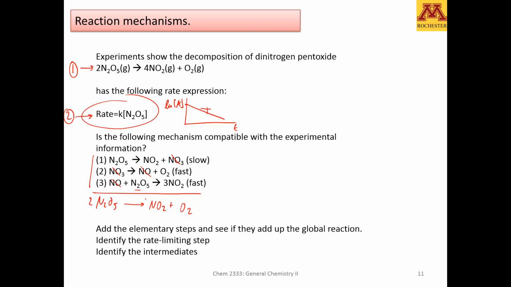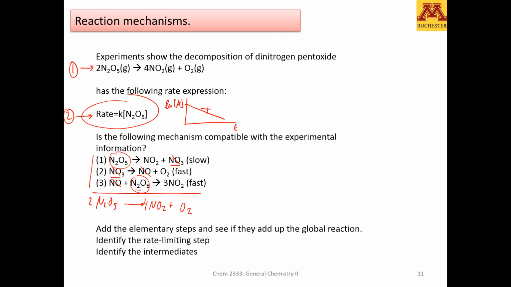Wait, 4 NO2. Is that it? Okay, so let me make sure I did this correctly. There is two N2O5s here. NO3 disappears because it appears both as a product and then as a reactant. It's an intermediate.